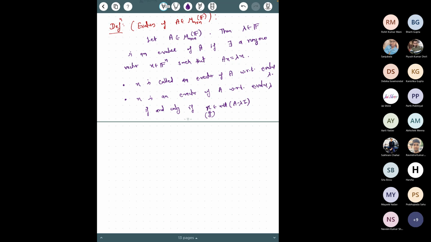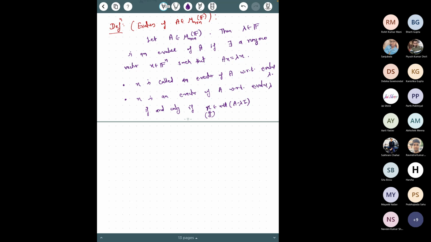So any non-zero vector in the null space of A minus lambda I satisfies this expression, and therefore it is an eigenvector corresponding to eigenvalue lambda.